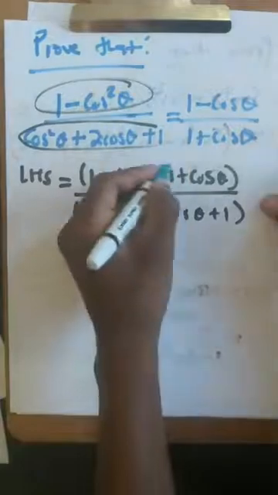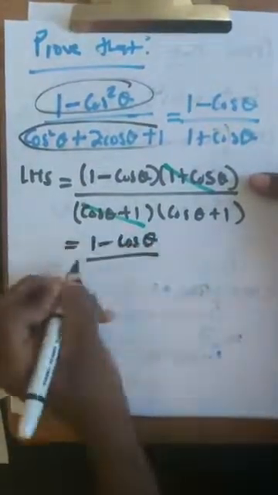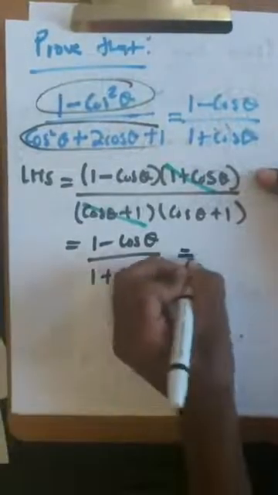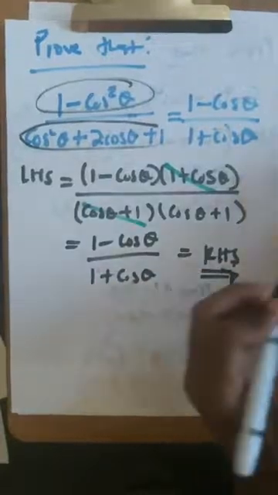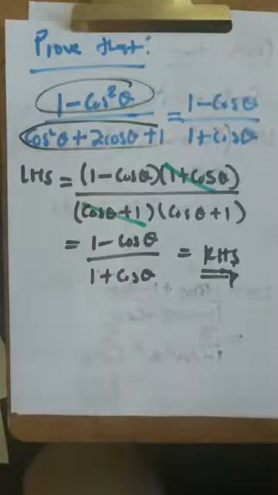So this one and this one cancel. Then we are left with 1 minus cos of theta over 1 plus cos of theta. Then this is equal to the right hand side. And this is proven. We have proved it with just few steps.